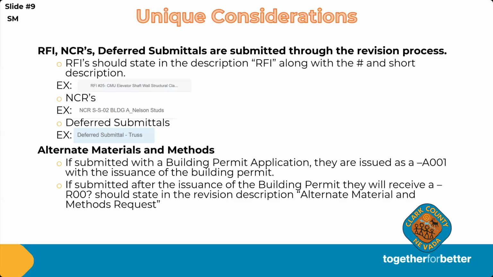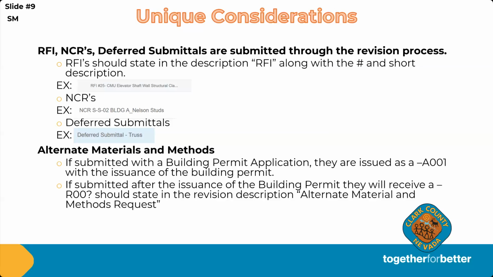The RFIs, request for information, and NCRs that are requested through our inspection teams also get submitted as revisions. It's just something that they need more information on, or they need corrected because they see it out in the field when they're doing the inspections. And that you're going to submit in as a revision. When you're submitting in for those types of revisions, there's some little examples here. If it's an RFI, in the revision description, say RFI and the number of RFI and a short description of what that is.